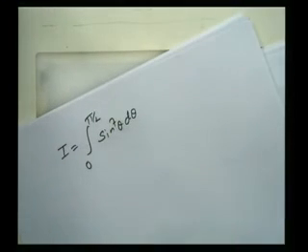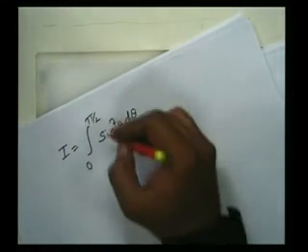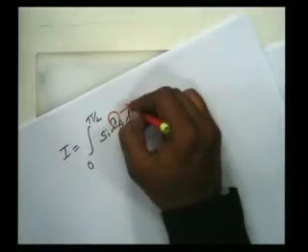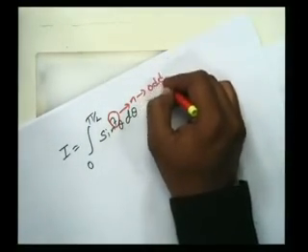Now, in this example, n equal to 7, which is odd.